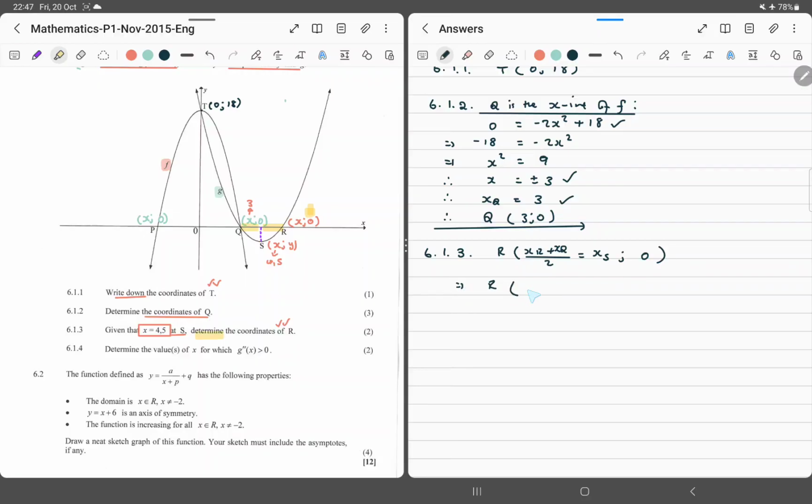So this implies that x at R is what we want, plus x at Q, which is 3, over 2 is equal to 4,5 and 0. So the gymnastics here is to cross multiply that and then transpose that 3. So we can conclude that R is, now this is 4,5 times 2, that's 9. 9 minus 3, that's 6 and 0.